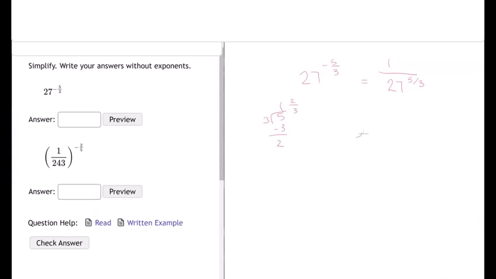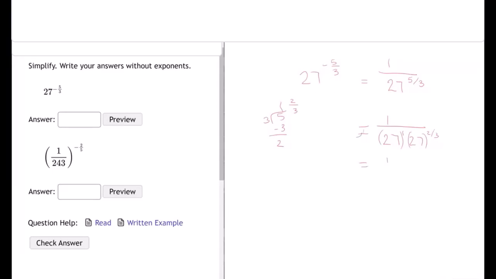This is equal to 1/27 to the 1 times 27 to the 2/3 power.